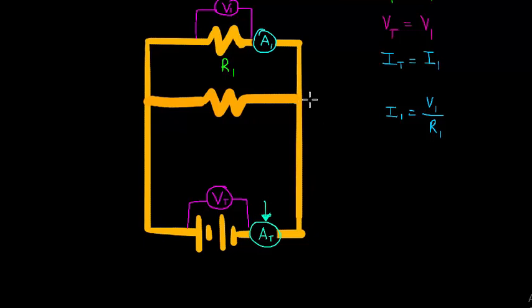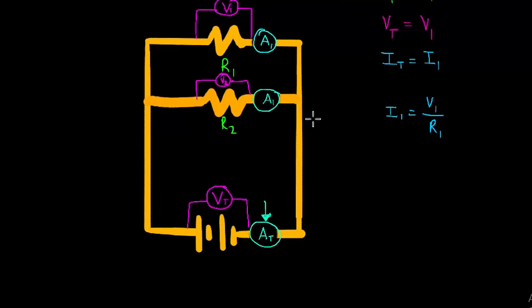Now the problem is once it gets to this point, let's add an ammeter here as well, and let's add a voltmeter reading here as well. So voltmeter 2, because this is resistor 2.